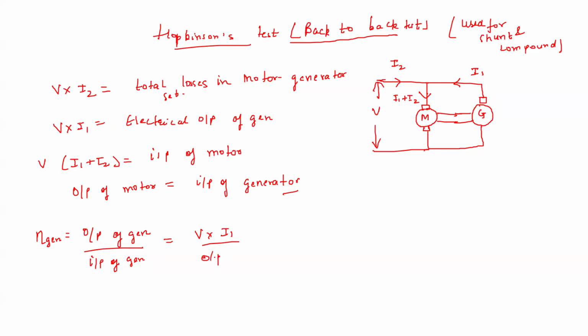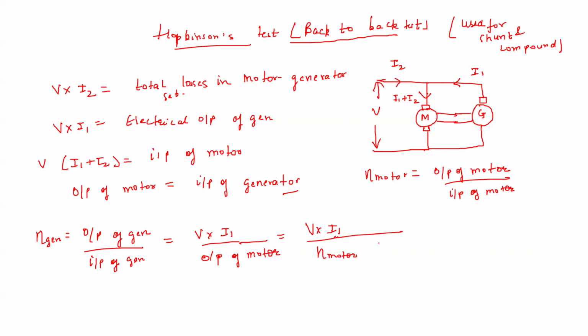Now, what is the output of the motor? We know that motor efficiency is nothing but output of motor by input of motor. So output of motor is nothing but efficiency of motor into input of motor.